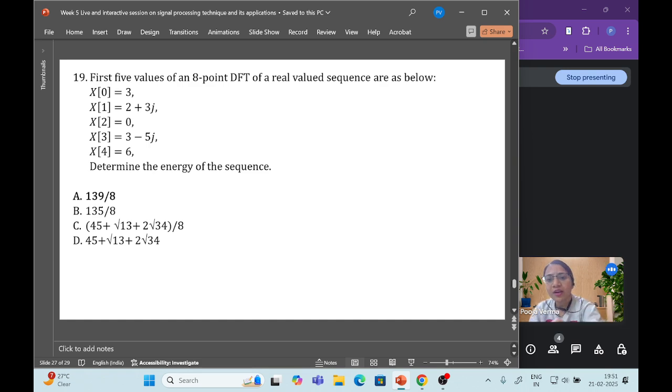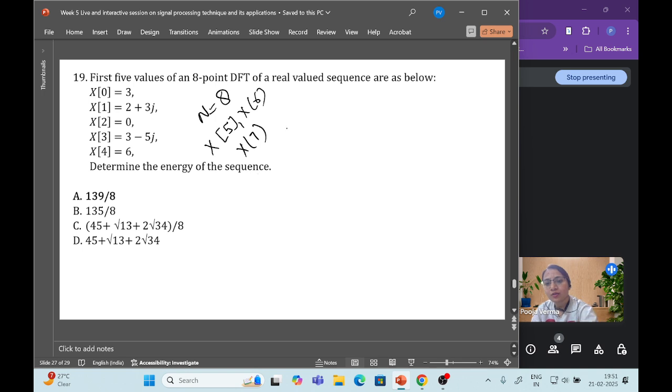So here it is an N-point DFT, where N is given as 8. So it is an 8-point DFT. X of 0, 1, 2, 3, 4 are given. Now we have to find X of 5, X of 6 and X of 7, because they are asking for the energy of a sequence.